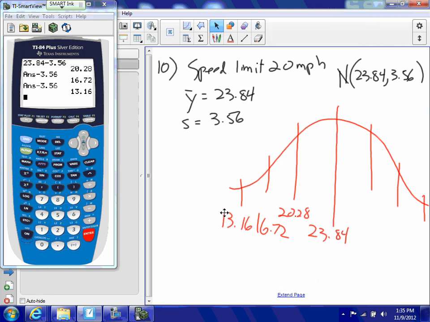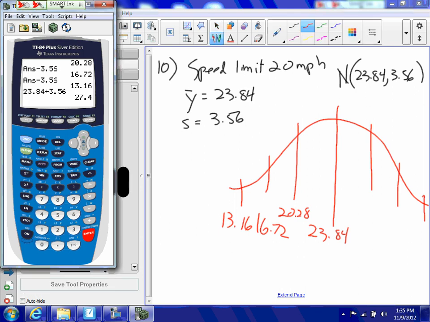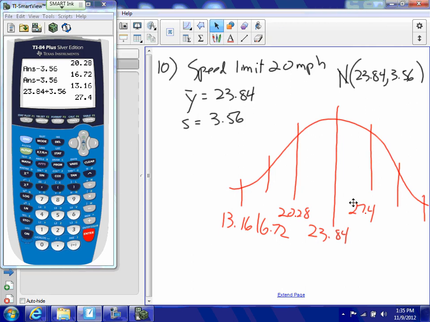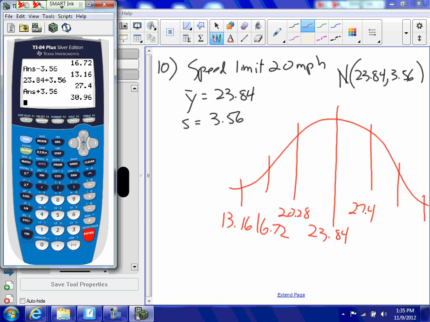Well, we may as well go positive too. So my mean is 23.84. I'm going to add 3.56. So my first standard deviation above the mean is 27.4. I add 3.56 again, and my next standard deviation is 30.96.